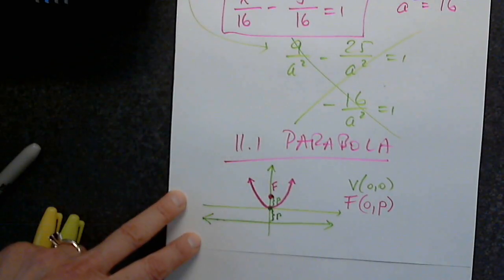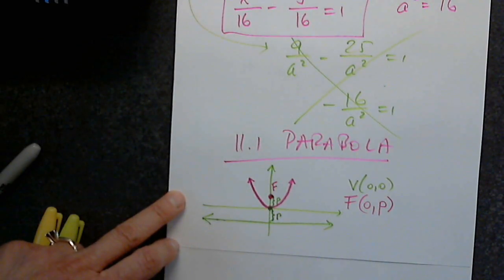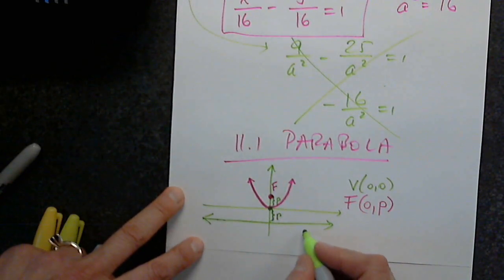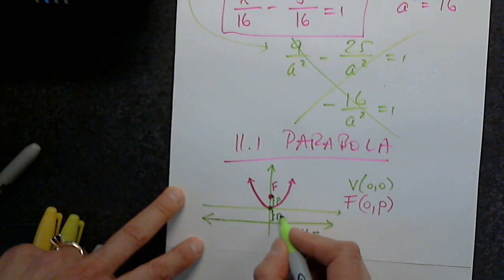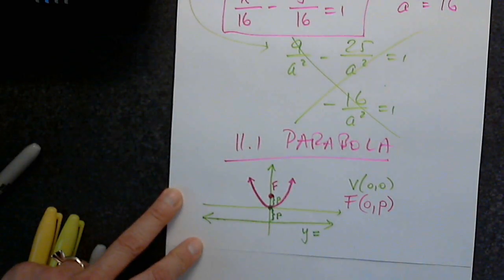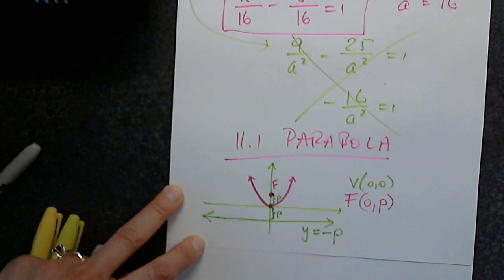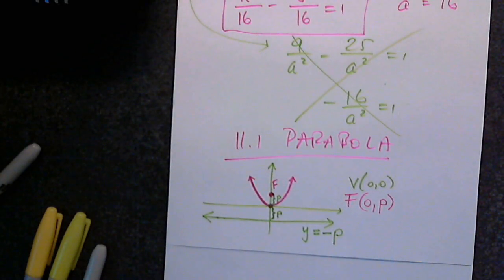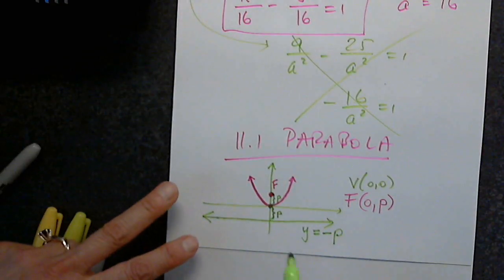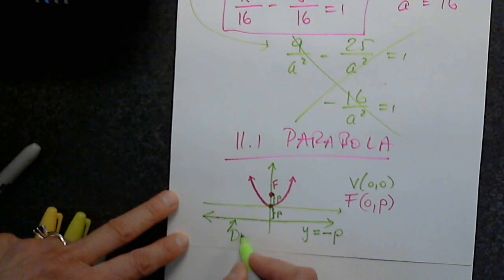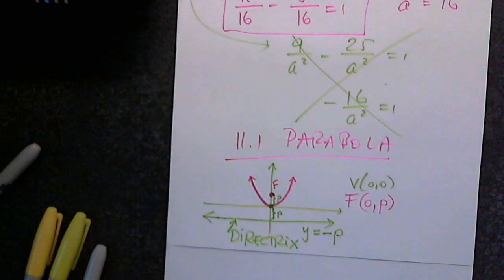I will measure it on the other side of the vertex. Okay. And I would draw this line, which is y equals, can anyone tell us what this means? Y equals 0, comma negative, well, negative p, because it's the equation. Right, you just didn't look at what I was writing. I saw that. Okay. This line is called the directrix of the parabola.